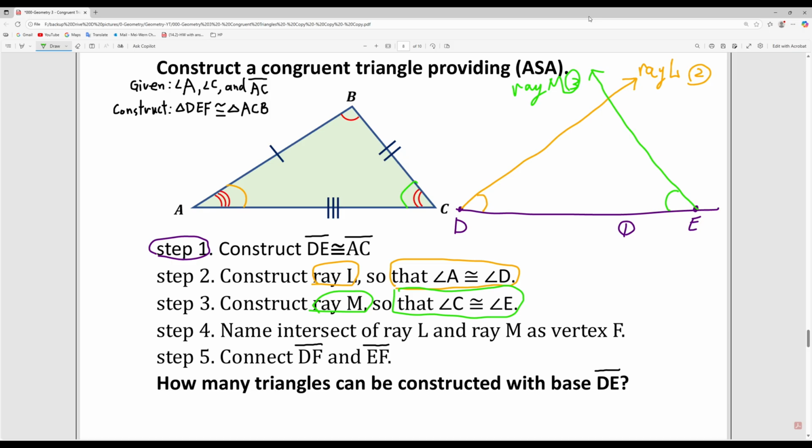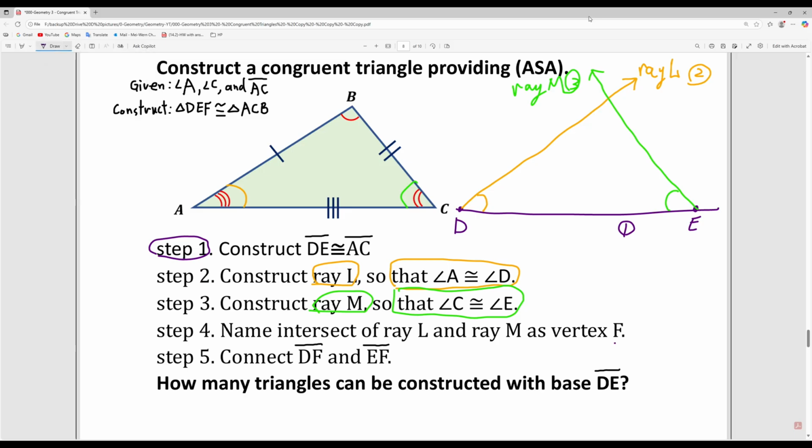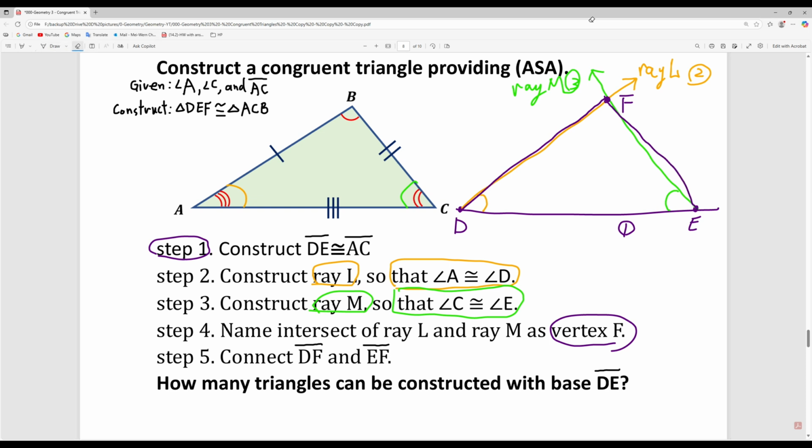Okay, so you can see that, where is vertex F? No other choice, right? So the only one choice is F should be here. So when you connect, then you have the only one congruent triangle here.